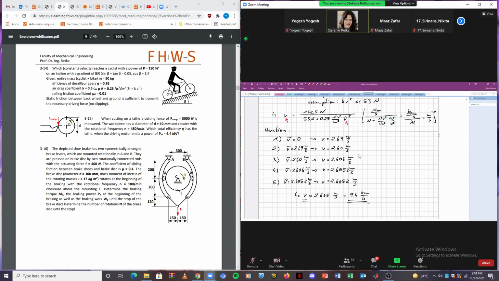So if we, for example, neglect air resistance, that would be quite simple to solve, because then this component with the V square vanishes. Then it would be simple, okay? So we will solve other problems where we will obtain the solution without performing any iteration.